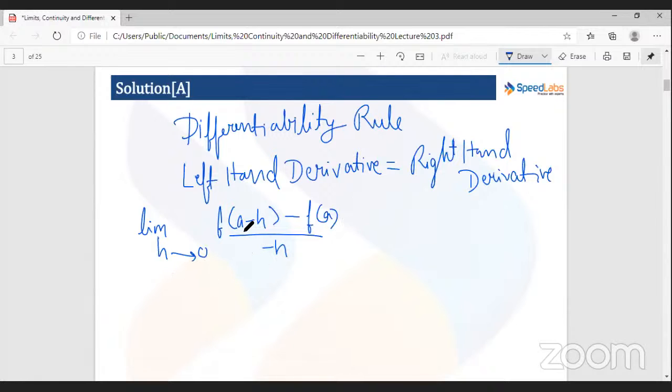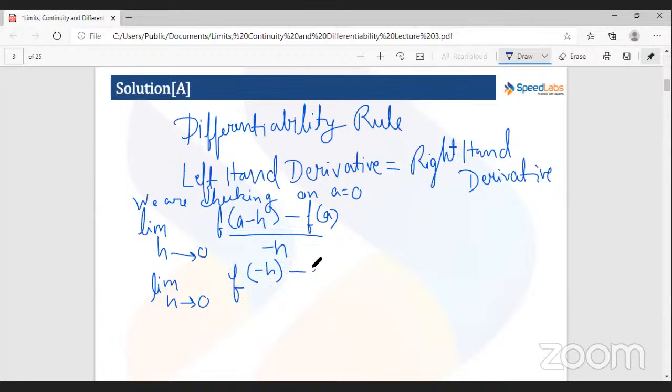In this question, we are checking on a equal to 0. So this will become limit h tending towards 0, f of 0 minus h minus f0 upon minus h.